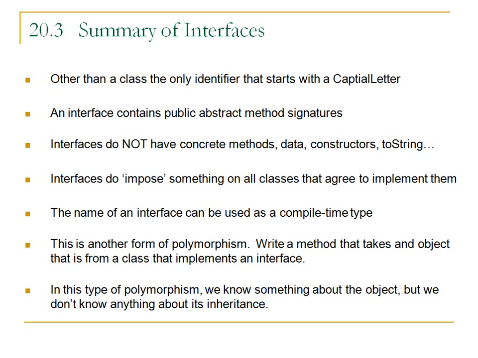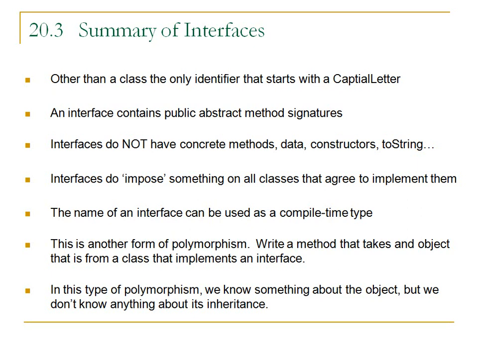You never make an instance of an interface. But an interface does impose something on the classes. The classes that agree to implement the interface, and they use the implements keyword, those classes must provide an implementation of the abstract method signatures that appear in the interface.